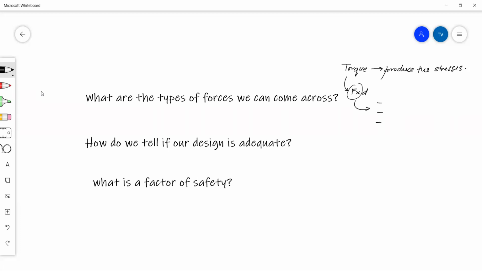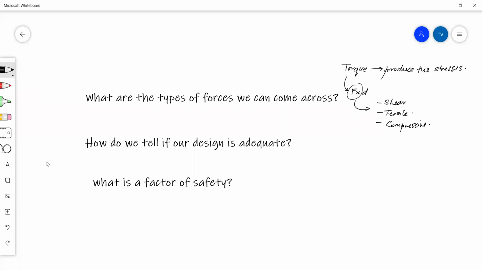First one being shear. Shear force. Then we have tensile force and compressive force. Now, understanding this and being able to identify the three different types of forces right before you even start the analysis is very useful, because then you can use your understanding to read data sheets.